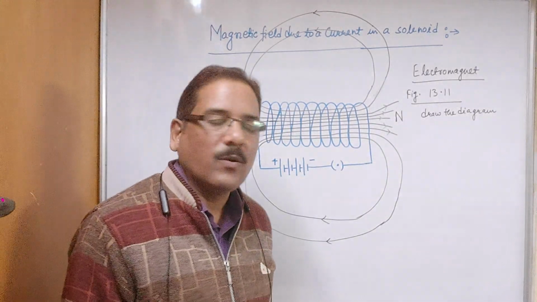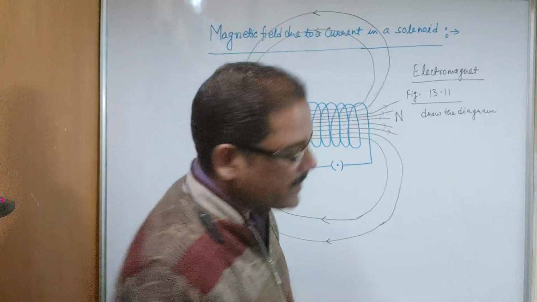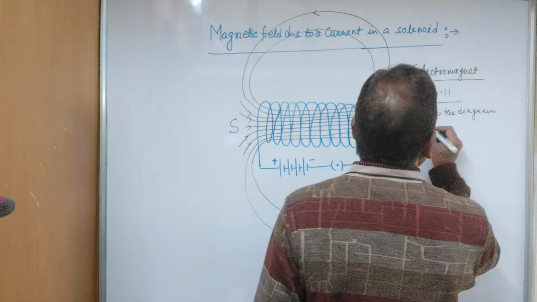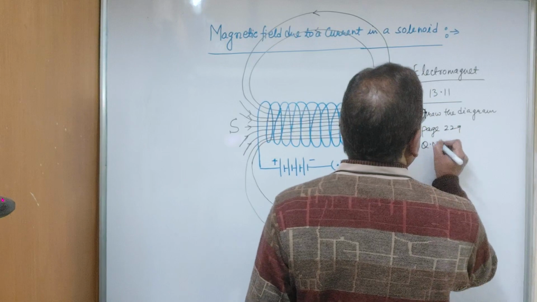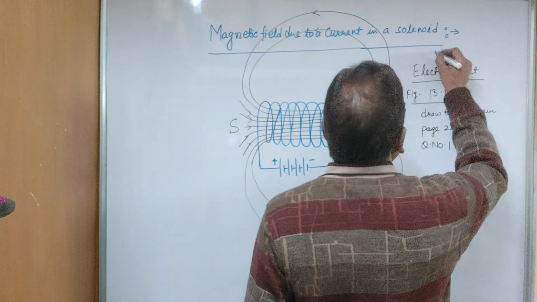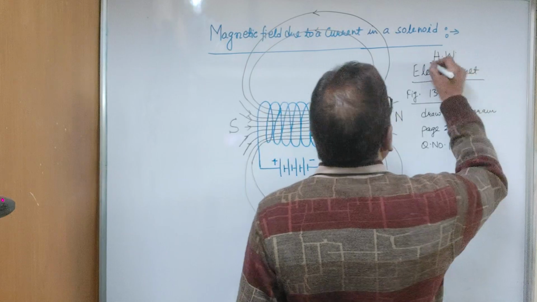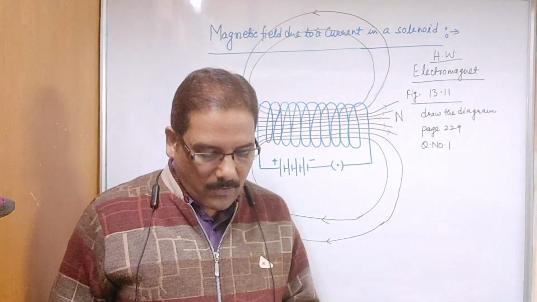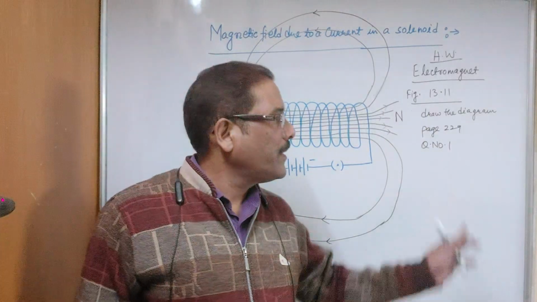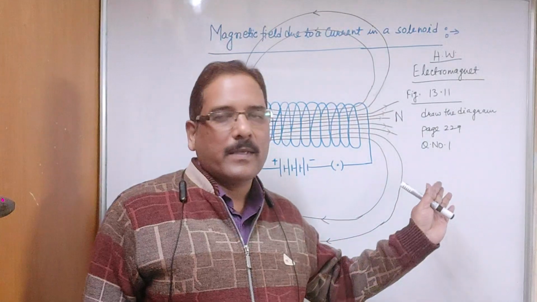So this question is homework, page 229, question number 1. All these are homework. Question number 2. If you are unable to draw it, I will explain in the next class.